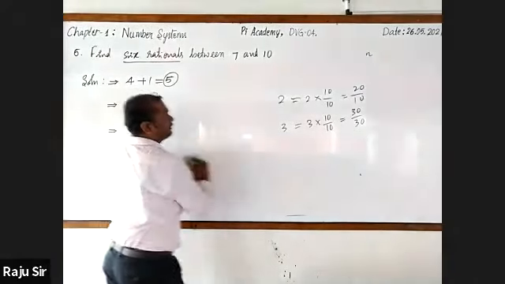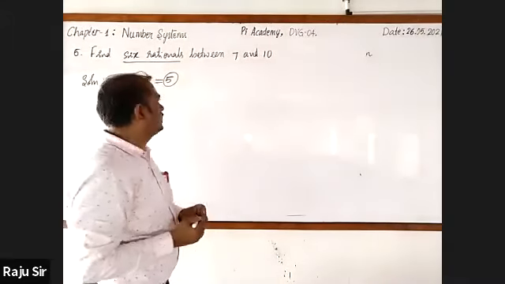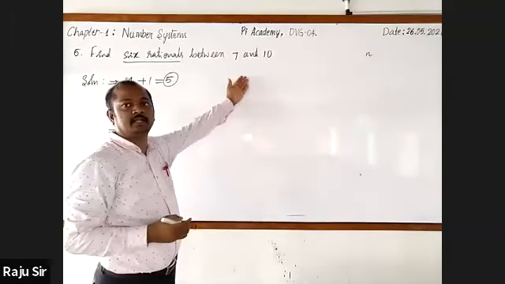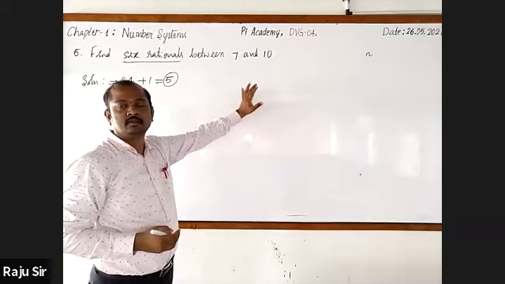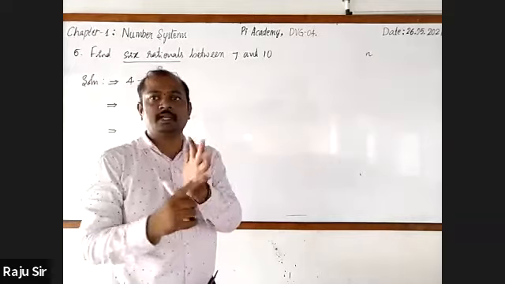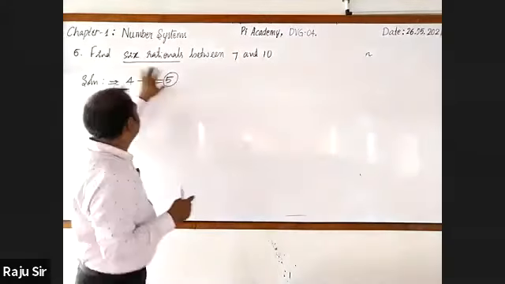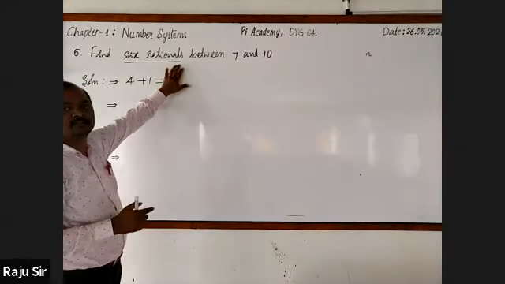Please go on writing with me. It's also very simple because I've taken simple numbers 7 and 10. Just observe, between 7 and 10, we have 8, we have 9, but we want 6 rationals.